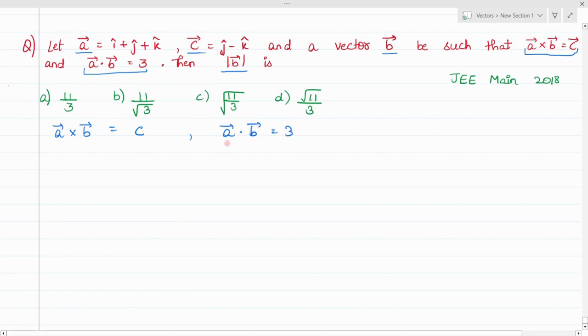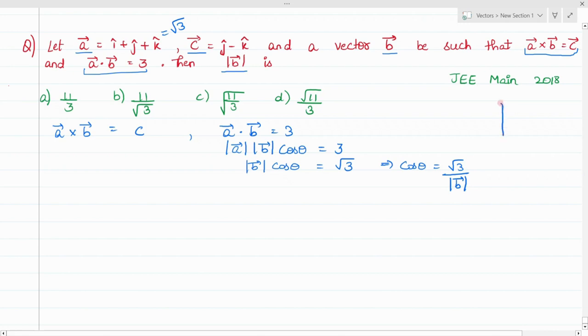So from here we can write magnitude of A into magnitude of B cos theta is equal to 3. Magnitude of A you can find as under root 3, that is B cos theta is equal to 3 by root 3, that is root 3. And from here cos theta value becomes under root 3 by magnitude of B vector.